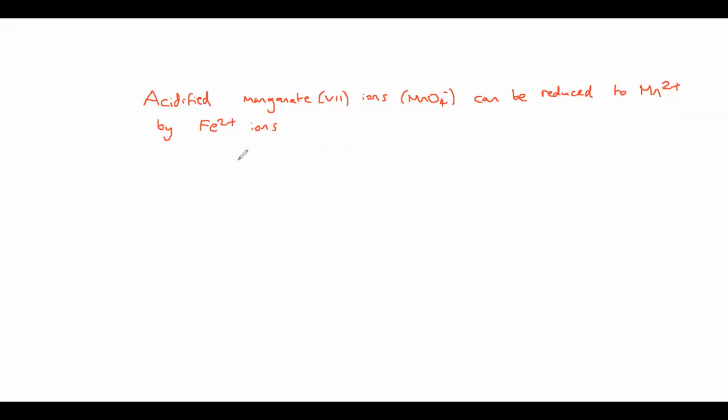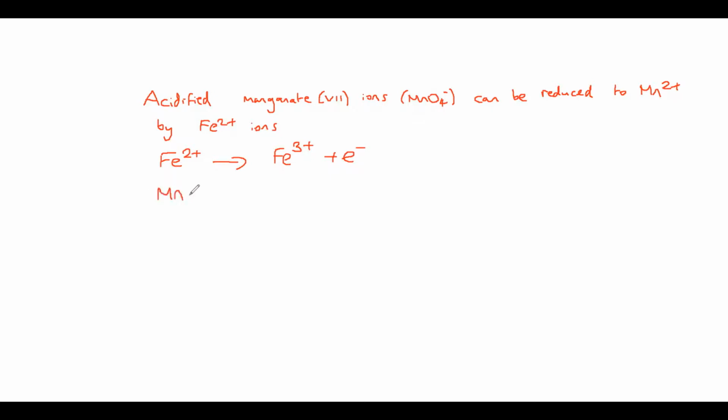So we know that if iron is reducing the manganate, it must itself be being oxidized. We know that iron can be oxidized to the 3+ oxidation state, giving away an electron. Next, we come on to our manganate.